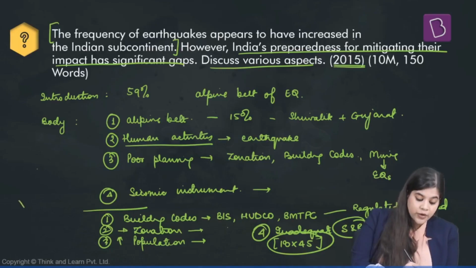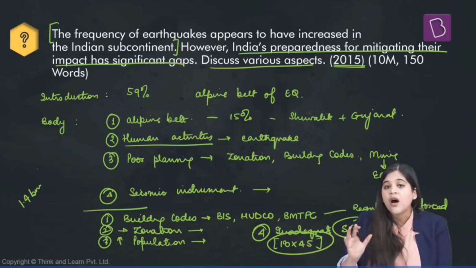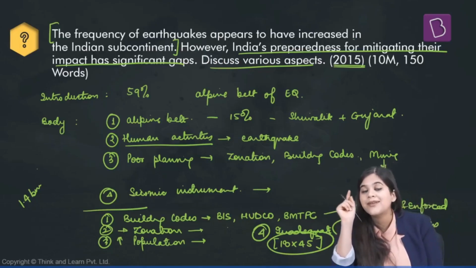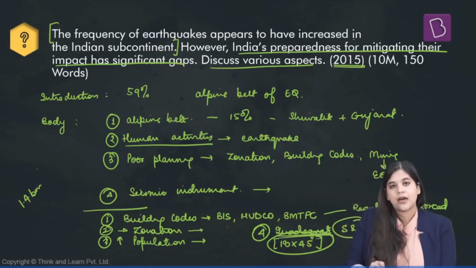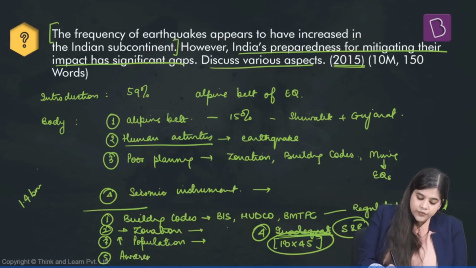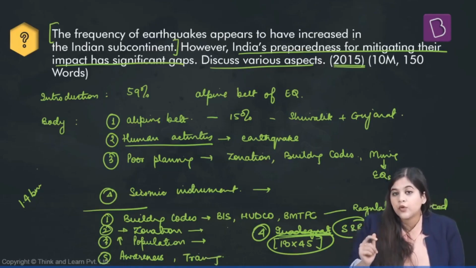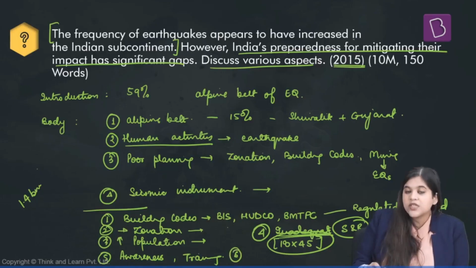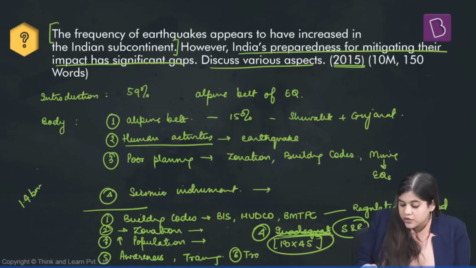For a country with a population of 1.4 billion, we only have a few thousand people who are properly trained in search and rescue operations. So it is inadequate. We also have inadequacy when it comes to awareness generation and training.